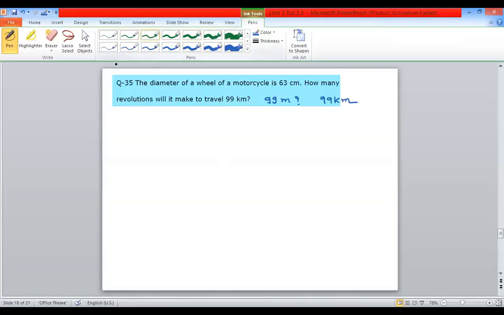Look here students, this is your circle and this is your motorcycle. This is your motorcycle's direction, and the motorcycle is moving on this circle.